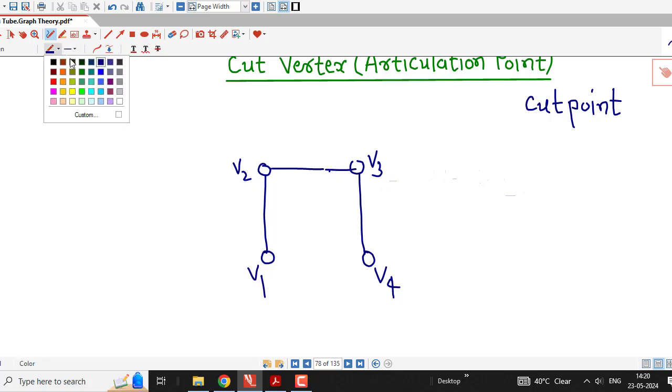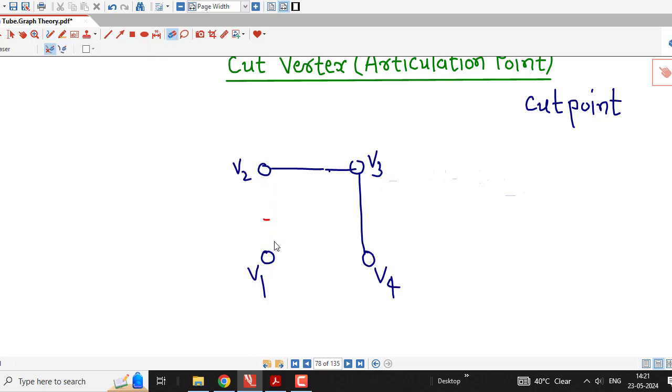Now what happens if I remove one vertex, say V1, and the edges incident with V1? Here there is only one edge incident with V1, so I am removing vertex V1 as well as the edge incident with V1. After removing V1 and all edges incident with V1, we obtain a subgraph of the given graph, and this subgraph is also connected.